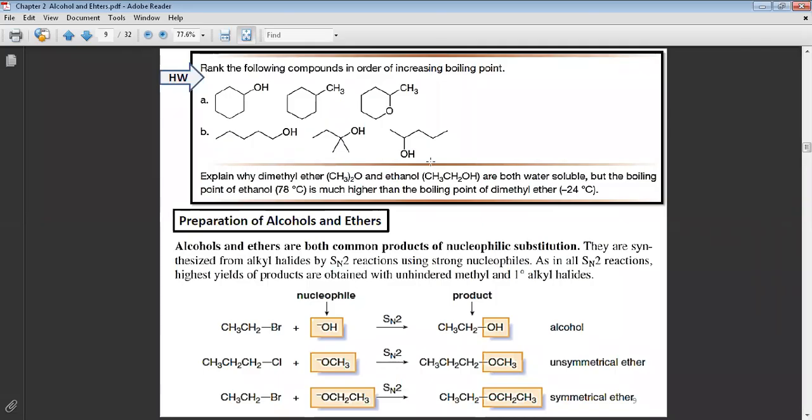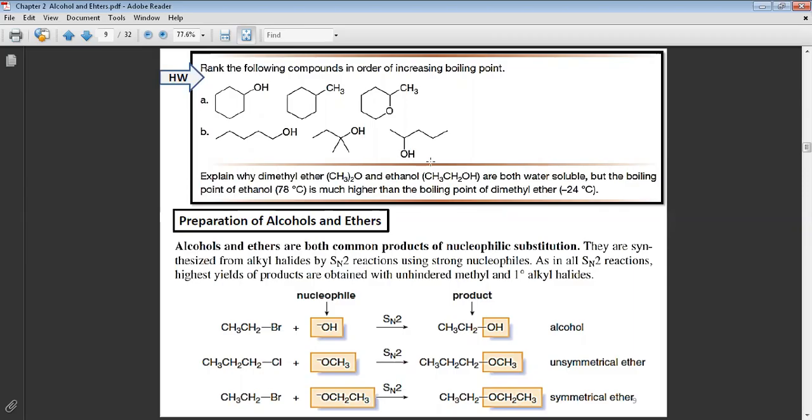Now we finished the naming and the properties for the alcohols and ethers. Here, of course, it is so important to know how we can prepare the alcohol and ether compounds. That means we take the preparation of alcohols and ethers.